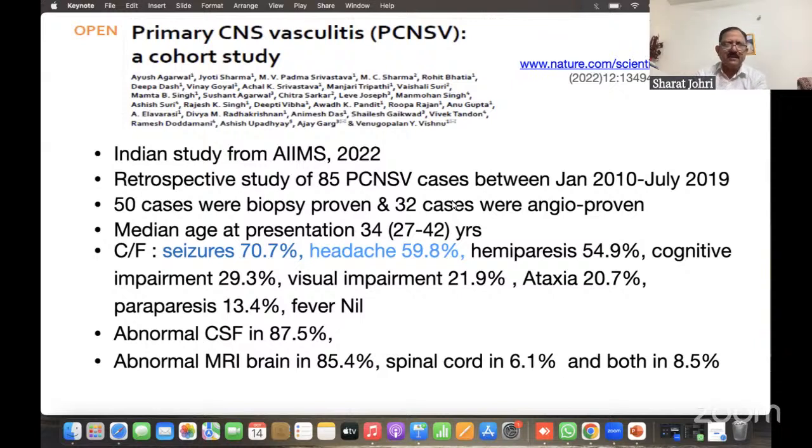And in this study, fever was not found in any of the cases. Abnormal CSF was found in 87.5% of cases, and abnormal MRI brain in 85% of cases. Spinal cord involvement was in 6.1% of cases, and both were present in 8.5% of cases. This was a study from our own country, a large study by the AIIMS group.